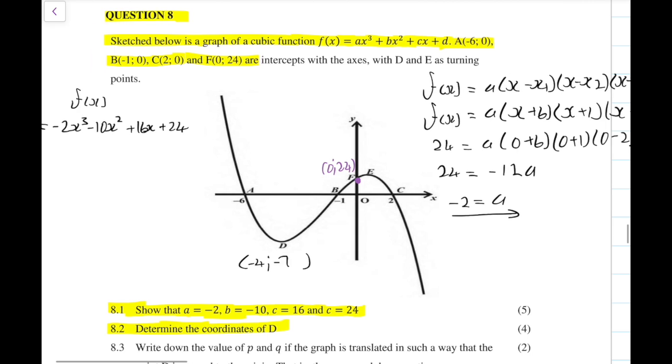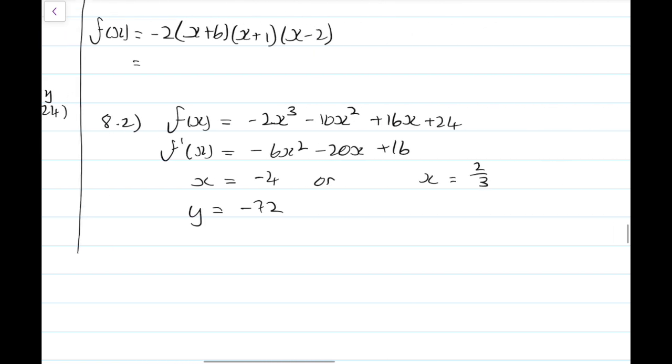And then we can do the same thing and sub this x value into there and get our corresponding y value for the other stationary point. Now let me go and do that as well.